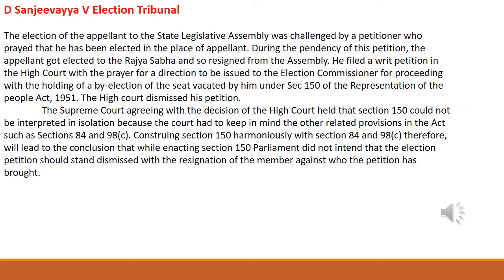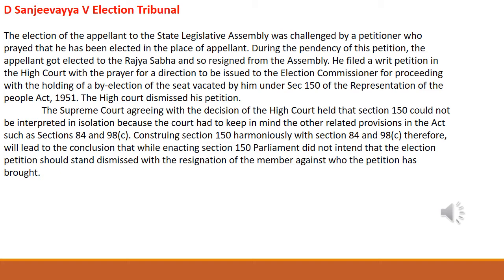In another case, D. Sanjeevaya versus Election Tribunal, the petitioner Sanjeevaya challenged that another person had been elected in his place. During the pendency of his petition, the appellant got elected to the Rajya Sabha, and so he resigned from the assembly. So he filed a writ petition to the High Court and said that a by-election should be conducted by the Election Tribunal because the seat was vacated by the appellant.